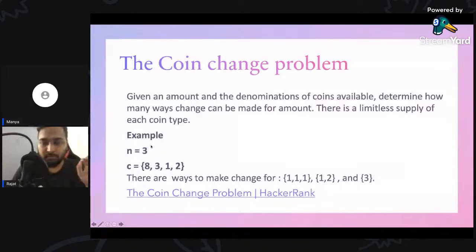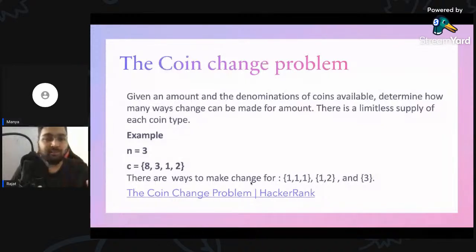Now you have to create a sum of 3. How can you create that? Either you can take three 1 rupee coins, or you can take a 1 rupee coin and a 2 rupee coin, or you can take a 3 rupee coin. That's it. So there are 3 ways in which you can use these coins to create a sum of 3.